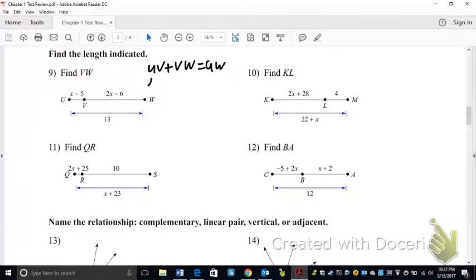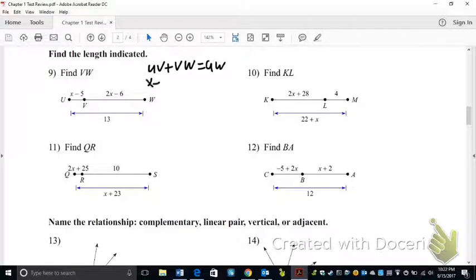We're just simply saying the distance, and that's what it means when we write those two letters next to each other. So by writing UV plus VW equals UW, what I'm actually saying is the distance from U to V plus the distance from V to W equals the distance from U to W. And this is called the angle addition postulate. Or sorry, the segment addition postulate.